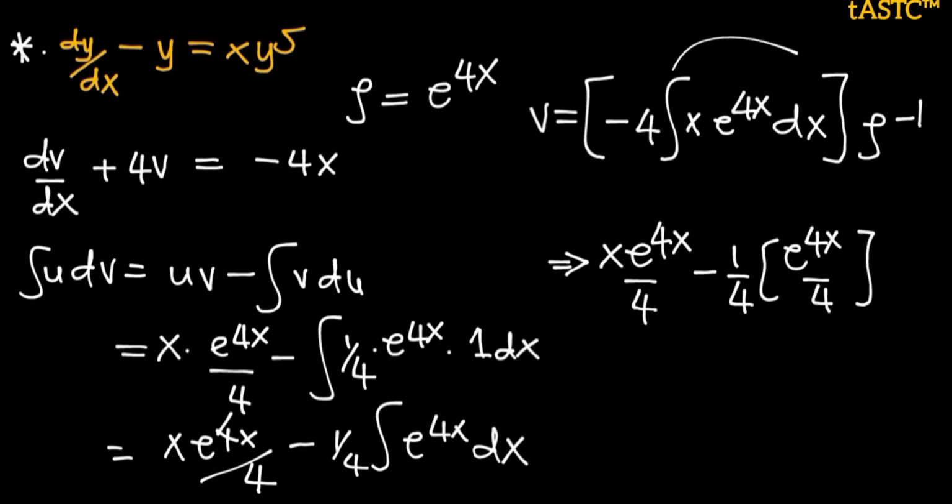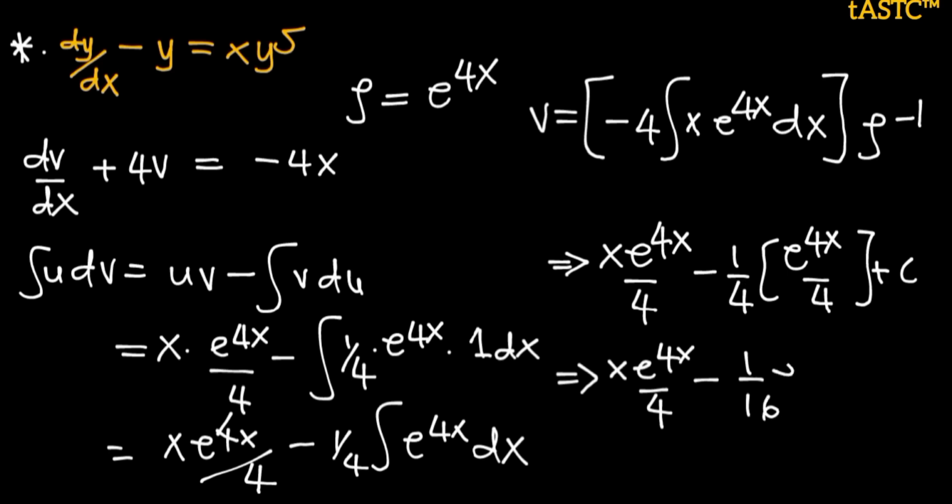Okay, now since we have this as the only integral, we should have a c right now. So this is going to be x e to the 4x divided by 4, and this is going to be 1 over 4 multiplied by another 1 over 4. So that would give us 1 over 16 multiplied by e to the 4x plus c. That will be the integral of this stuff.